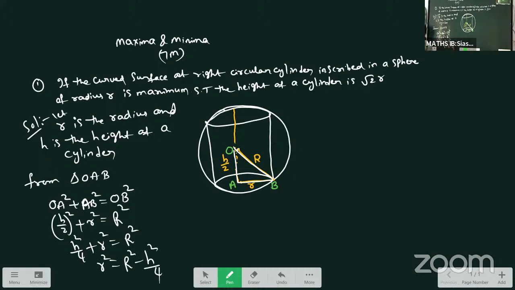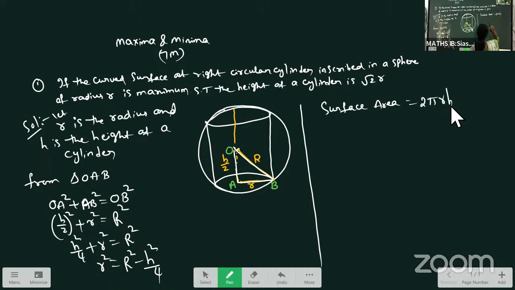Keep it aside. Next, what do you have to do? We want the surface area. What is the surface area of a cylinder? The curved surface area of a cylinder is 2 pi r h.